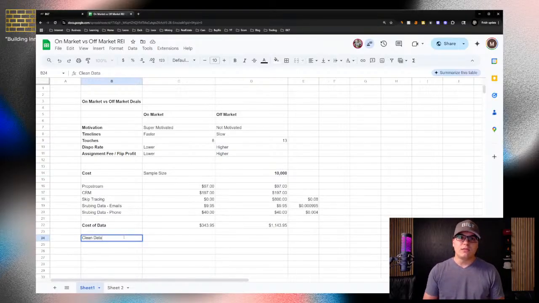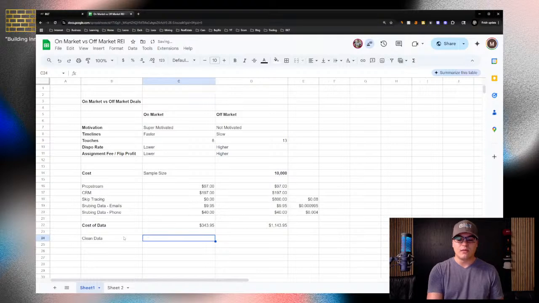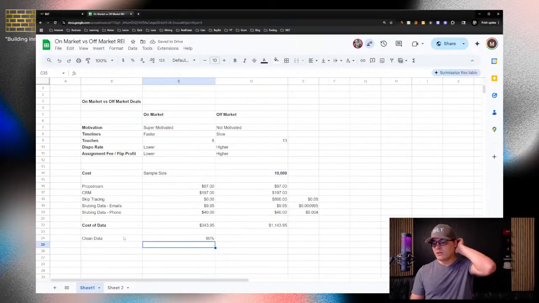So it's really good to understand, sure, you started with 10,000 leads as your sample size, but in reality, you're only left with that 60%. And this goes for both your on-market and off-market. Data providers aren't perfect, and we have to understand that.